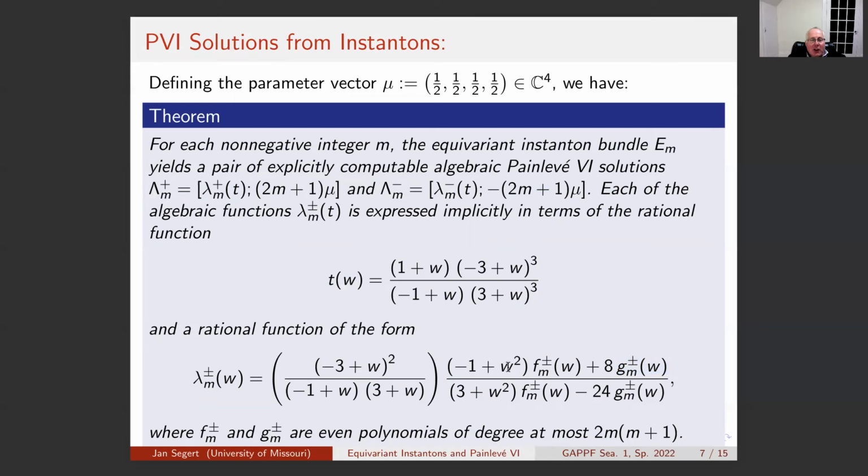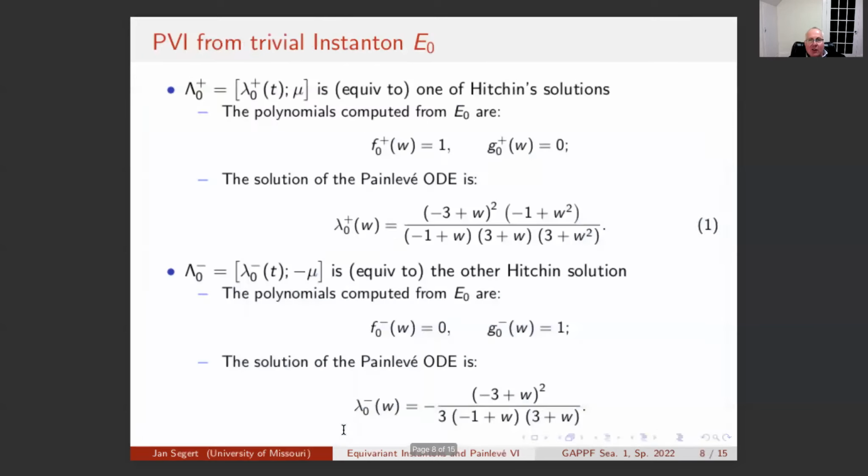So it's a theorem that this is true for all m, and that they have this property, but I've only computed these for a finite set of m. So the ones that I've computed, let me do it for a couple. The original one, Hitchin's, in my framework looks like this. It's equivalent to Hitchin's solution.